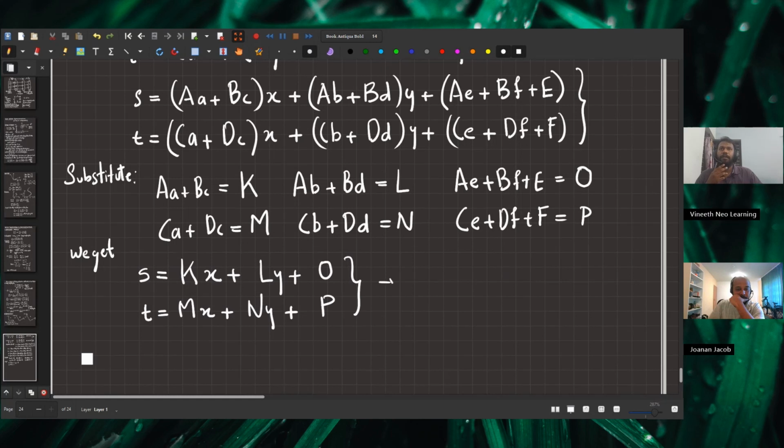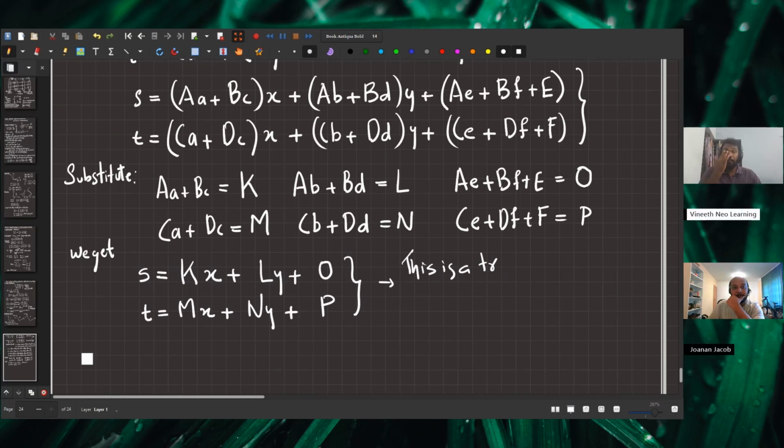We cannot yet say it's an affine transformation. We have to check whether kn minus lm is not equal to 0. That condition has to be satisfied.